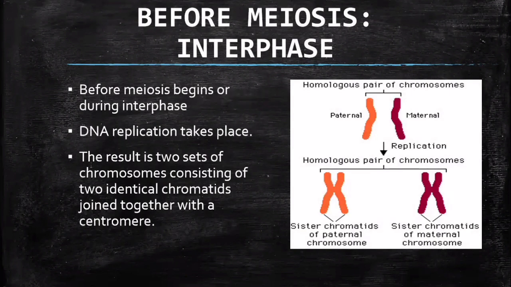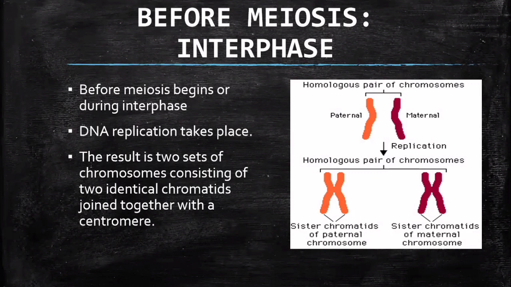First, I need to explain what homologous is, because as you can see on our diagram there, there's what we call a homologous pair of chromosomes. This one is from the father, this one is from the mother. Now, what does homologous mean? Homologous simply means that these chromosomes are similar in size.